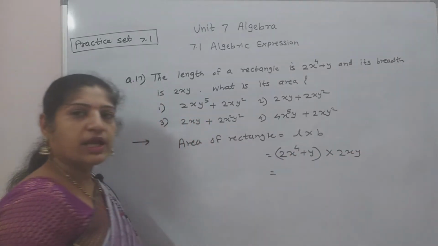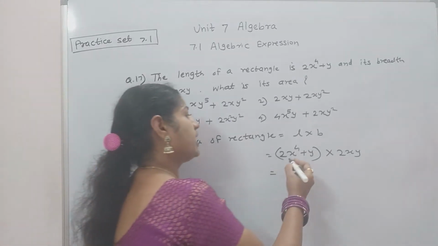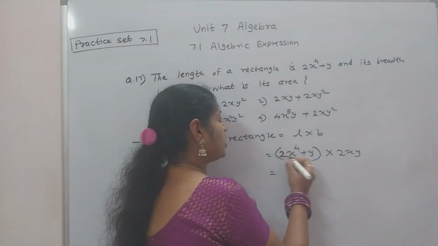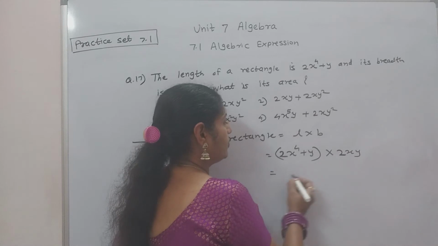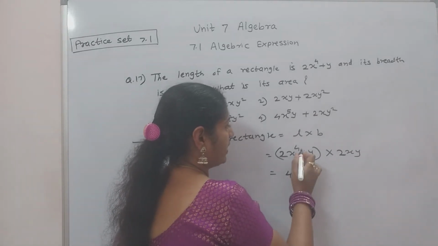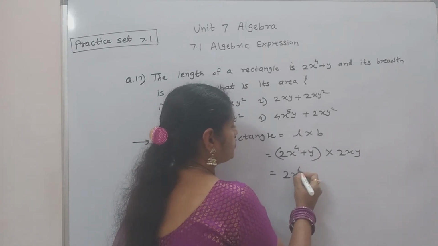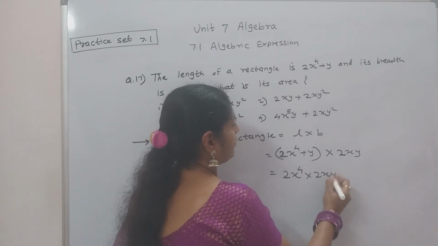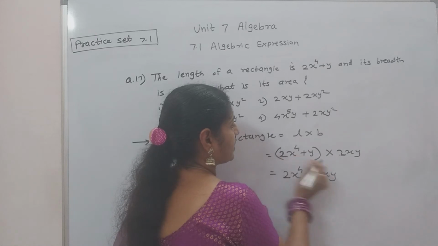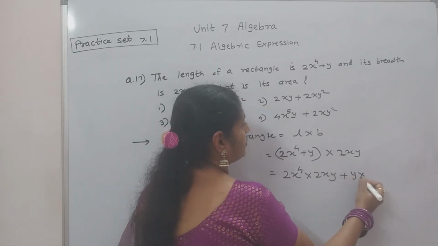Now multiplication of these two terms. First write down the multiplication of two numbers. 2 into 2, 4 into x square. 2x raised to 4 into 2xy, solve the bracket, plus y into 2xy.